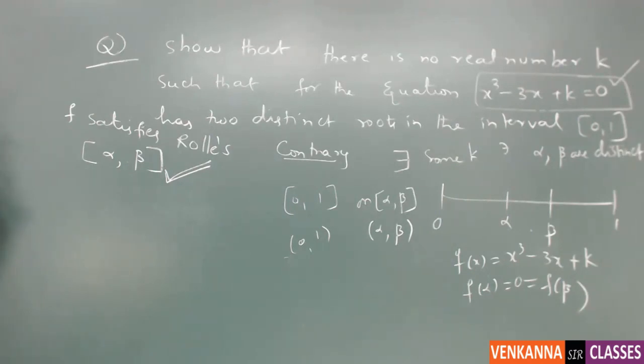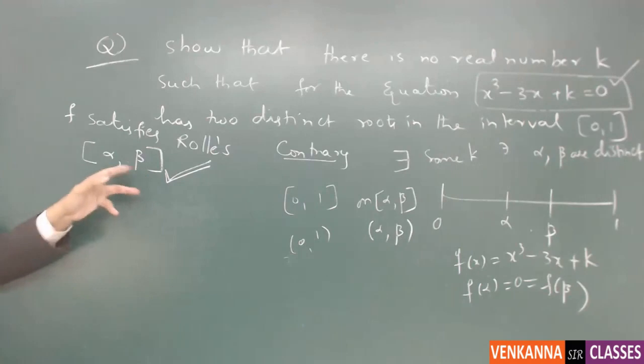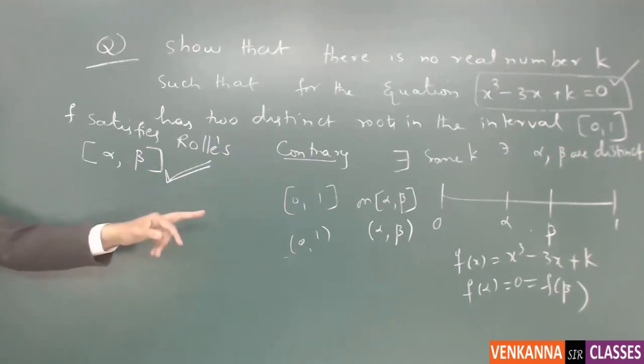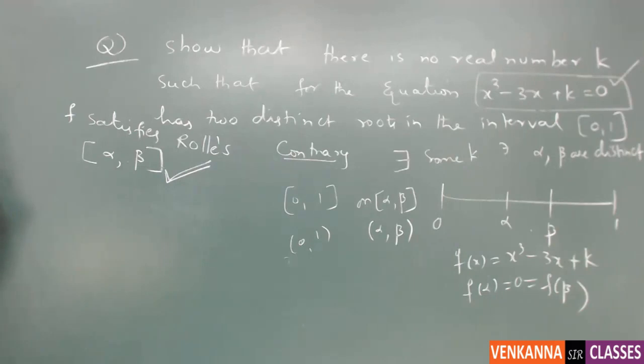It means that for the interval, endpoints have the same value. f of alpha is equal to f of beta. Okay? So in this way, the three conditions of Rolle's mean value theorem are satisfied by the function f in the small subinterval alpha beta. Agreed all?